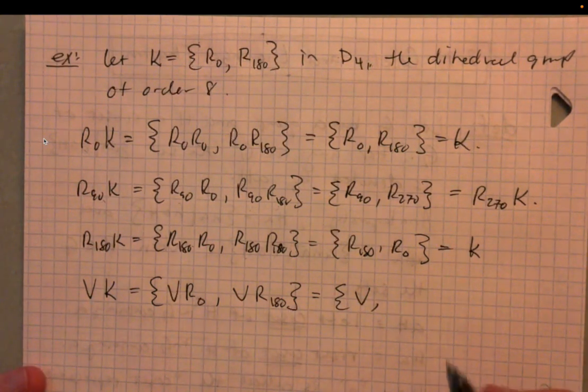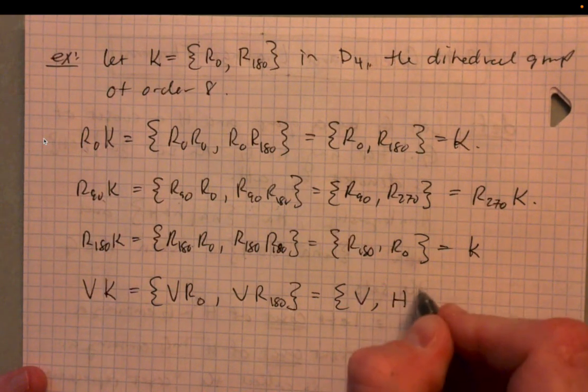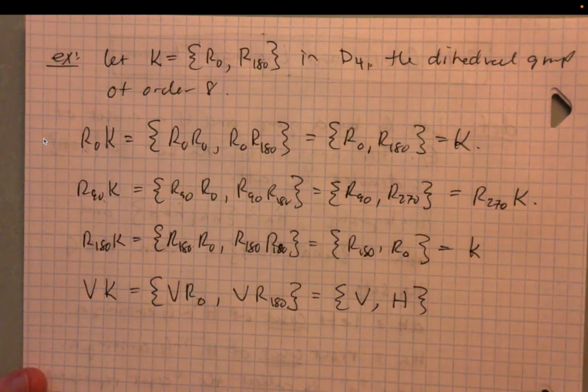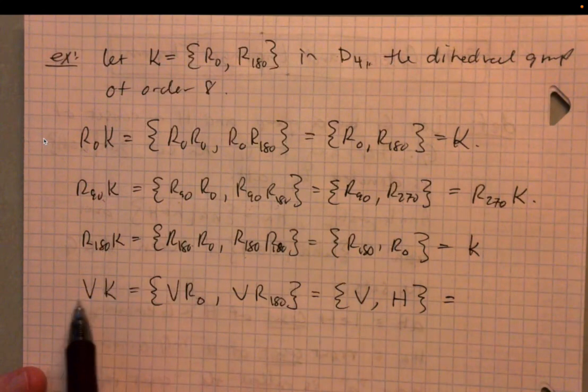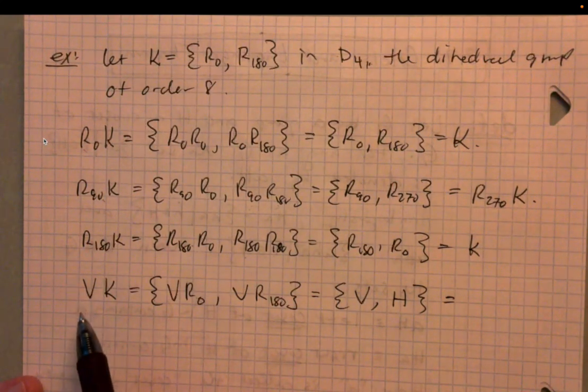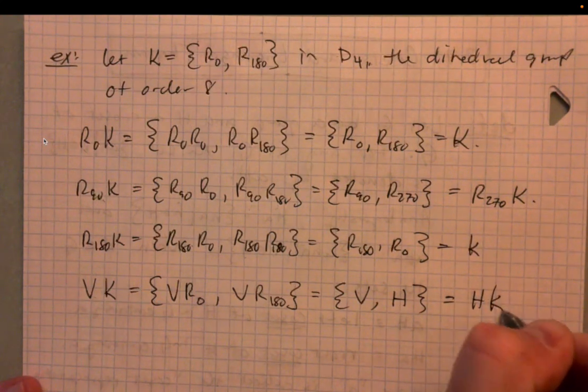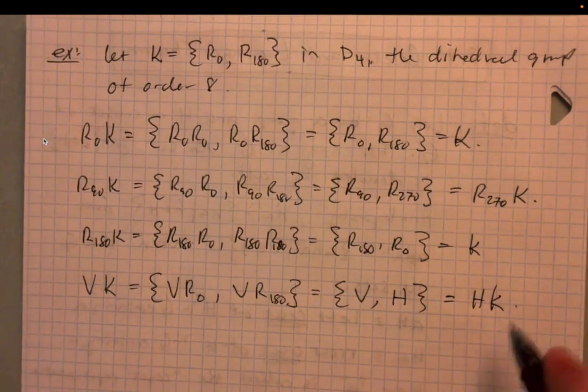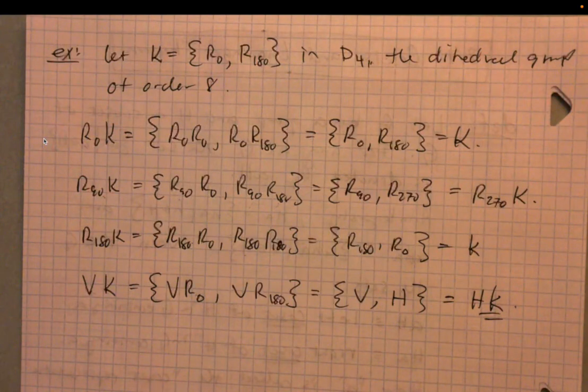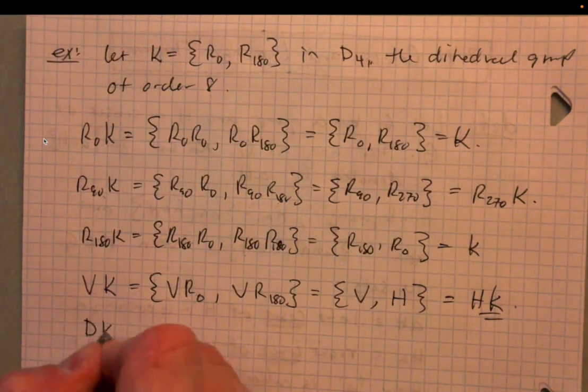It turns out that's equivalent to a horizontal flip. And it turns out that the left coset of K in D4 containing V, this guy VK, is the same as HK. Okay, and you can just check it, just test that. And then what about a diagonal flip?